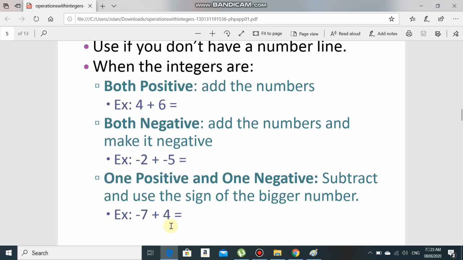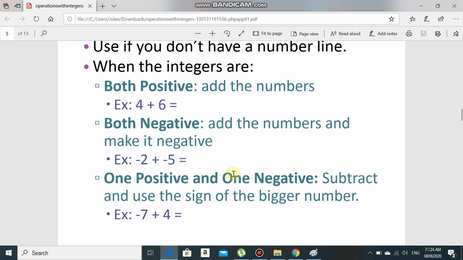They have different signs, so we subtract them. 7 minus 4 gives us the difference of 3. But we need to use the sign of the bigger number. We know that 7 is bigger than 4, and the sign of 7 is negative, so we use it. The sum becomes negative 3.